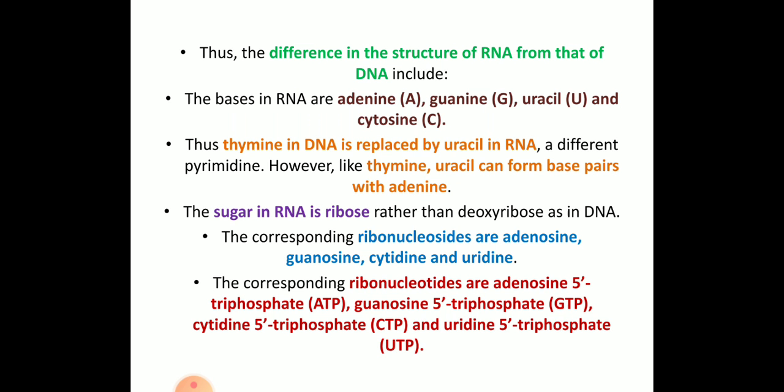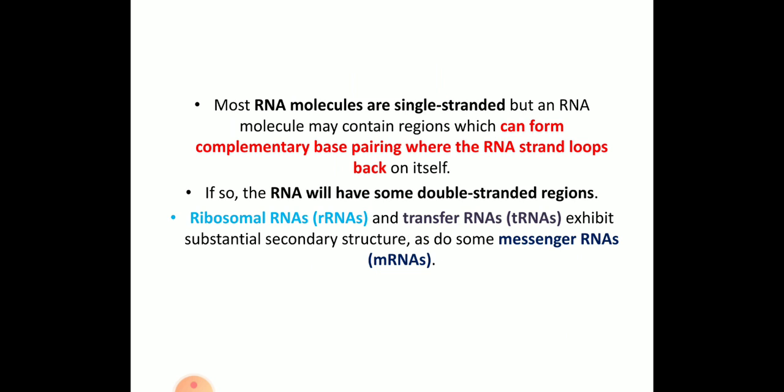The nitrogenous bases are adenine, cytosine, uracil and guanine. The difference in the structure of RNA is in the bases, because thymine is replaced by uracil, and uracil can form base pairs with adenine. The sugar is ribose, and the nucleosides are ribonucleosides: adenosine, guanosine, cytidine, uridine, along with the nucleotides.